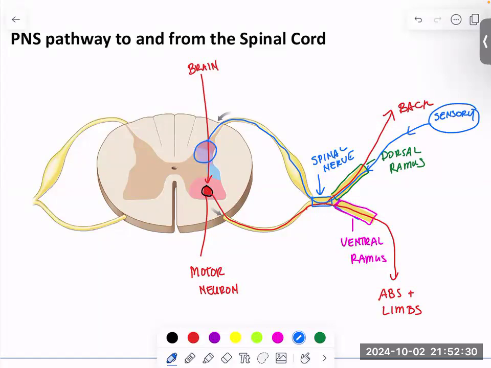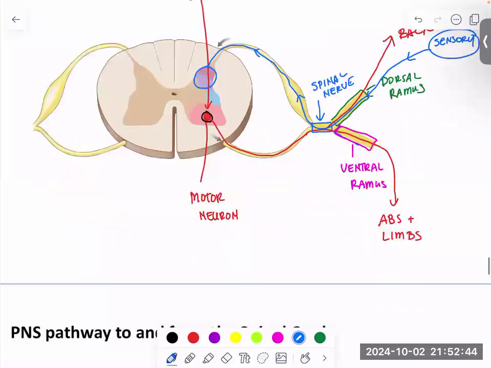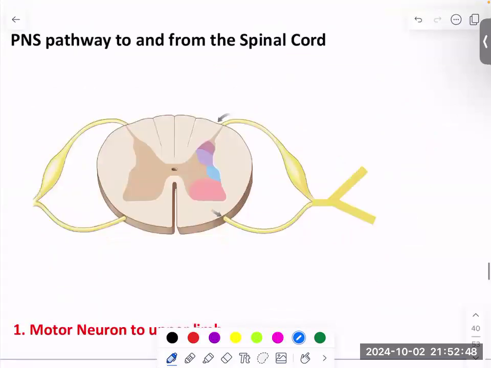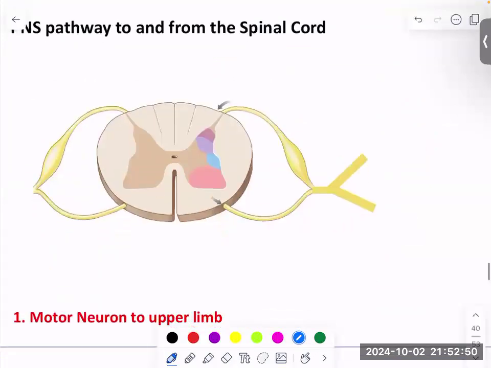So the direction of these is important to understand. We're going to go through one by one so we know how it travels through the spinal cord. How does that spinal cord send the information out? How does the spinal cord send the information up?